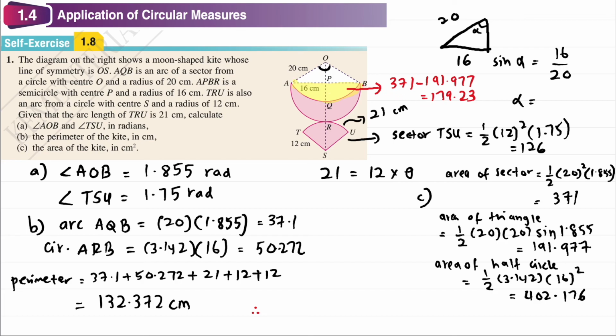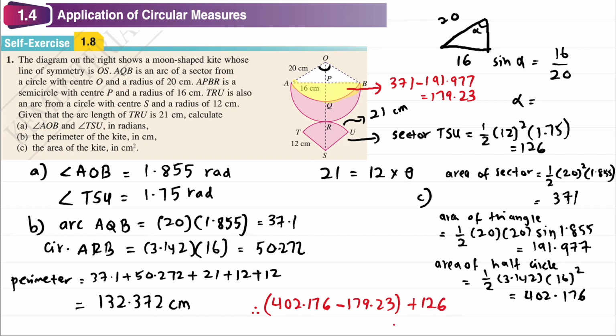So we have the segment. Now we want to find only the pink part. In order to get this pink, you have to take the area of half circle, 402.176, and subtract the area of segment, which is 179.23. And don't forget to add the area of sector TSU from before, 126.